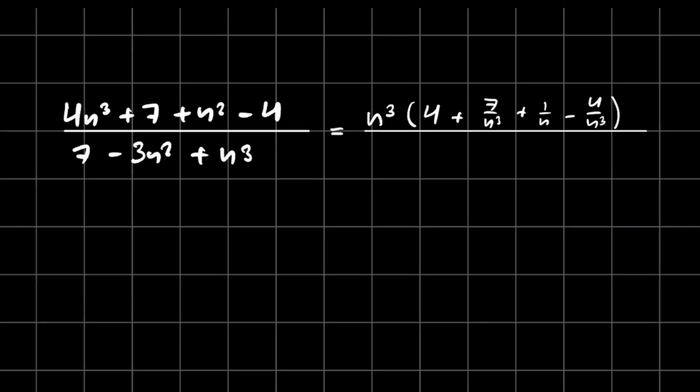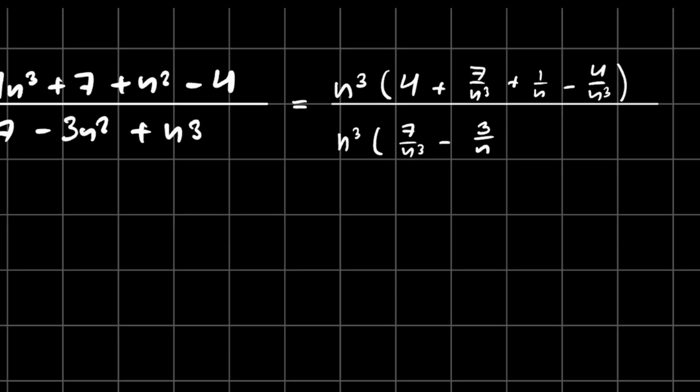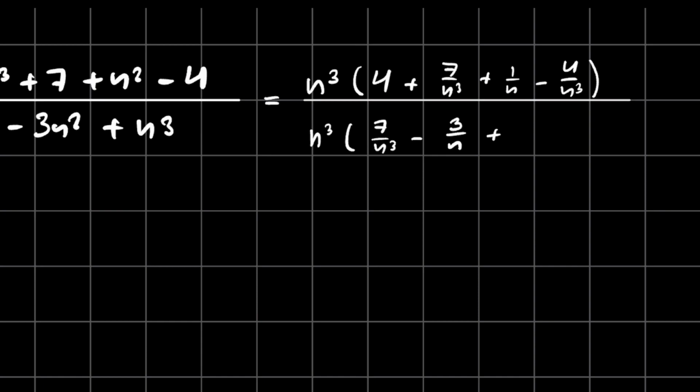And now I'll do the same thing on the lower side: n cubed, 7 over n cubed minus 3 over n, plus 1. Sorry, no, that's only going to be 1.